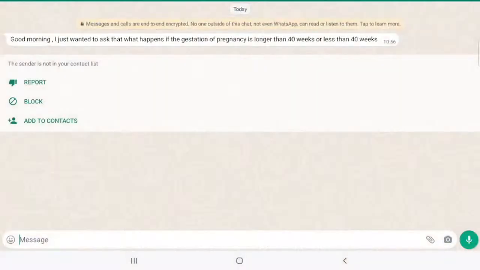The second part of your question was asking about what happens if it's taking longer than 40 weeks. So usually doctors in the hospital will stimulate your body. They will inject you with some things to stimulate something called what? Labor pains. So that your body will try and prepare itself to get the baby born.